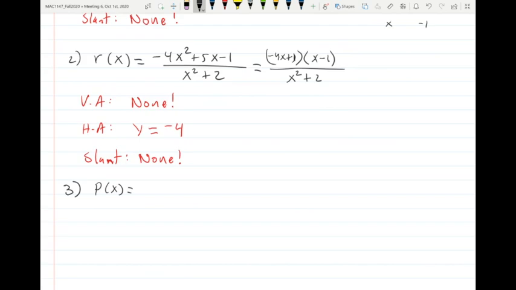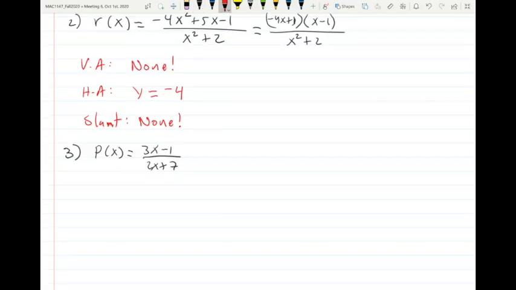Let's see. P of x equals (3x minus 1) over (2x plus 7). Let us analyze this one. So let's figure out vertical asymptote, horizontal asymptote, and slant. Vertical asymptote, that would be the zero of the bottom. That would be the line x equals -7/2.